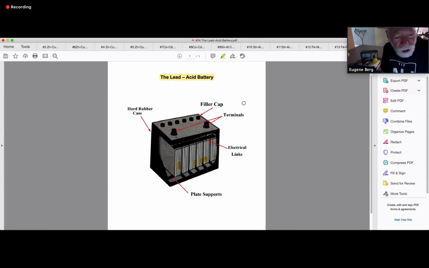You don't get much electricity per pound, and this is what kind of slowed up the origin of the electric car. And the Tesla's so good because they don't use lead acid batteries; they use lithium batteries, which are really nice and light. So the point is that you can get a lot of voltage if you put these cells into series with each other.